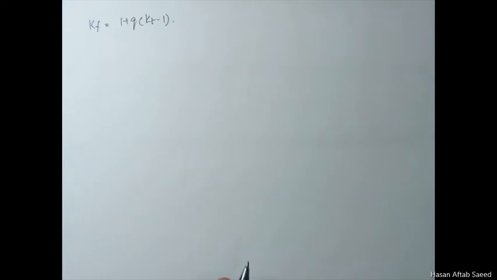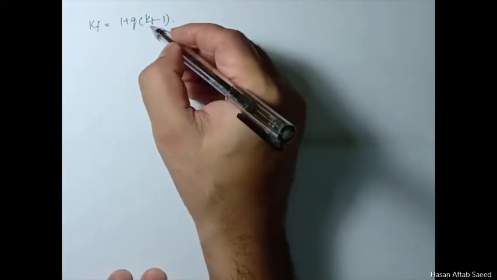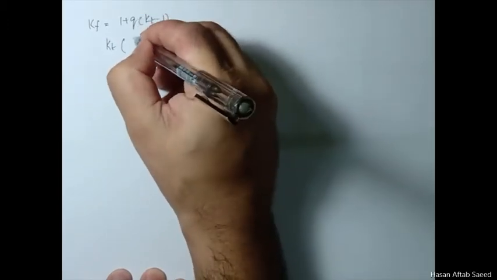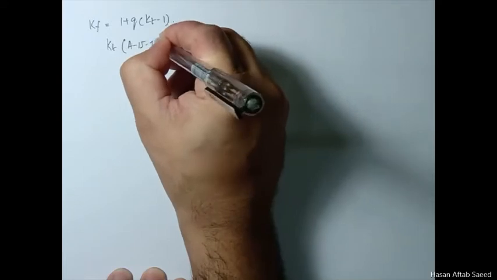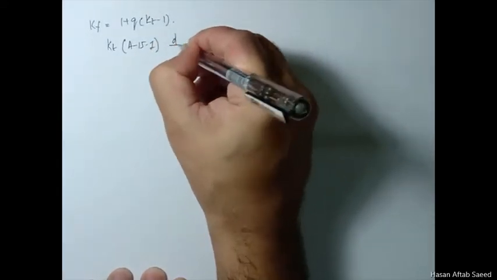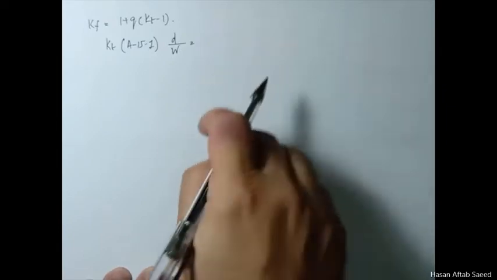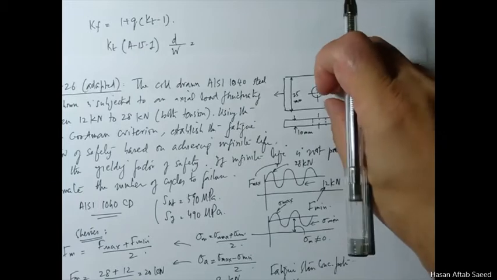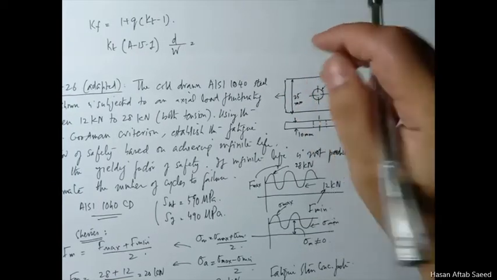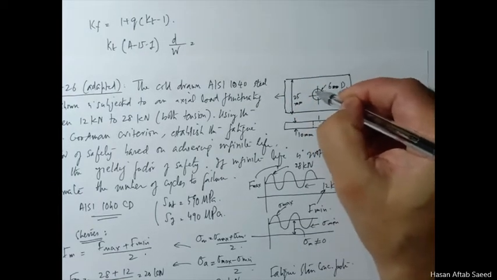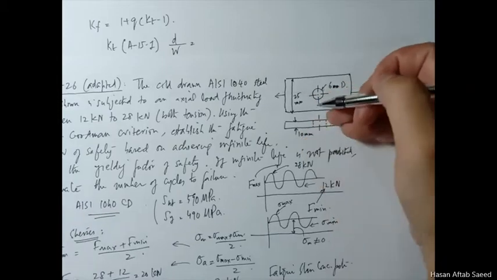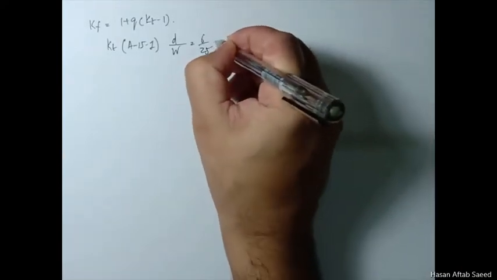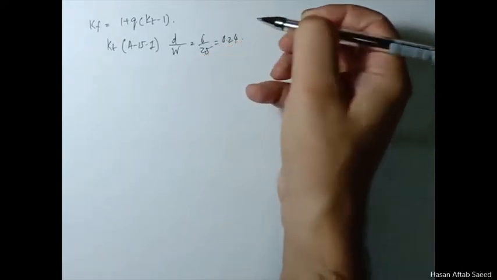Now Kt is the geometric stress concentration factor, and it can be read from table A-15-1, because d over w, the diameter of this hole divided by this width, is basically 6 over 25, which is 0.24.